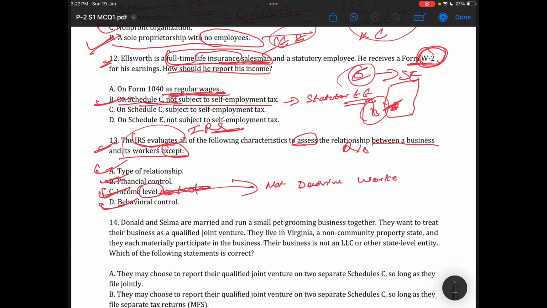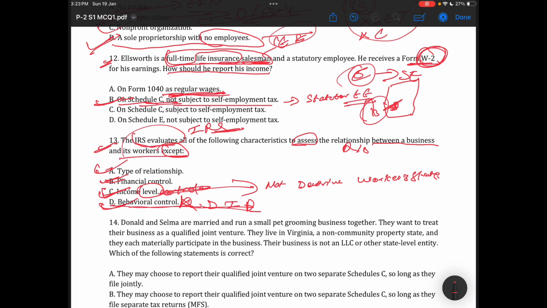Why am I not saying the control? Because for control there are a few concepts regarding direct and indirect relationship. You will get in a further chapter if he has direct control or indirect control, so it is treated as his income.